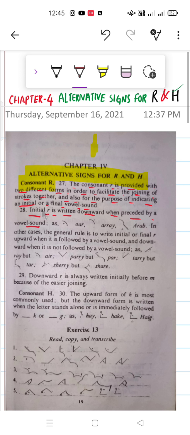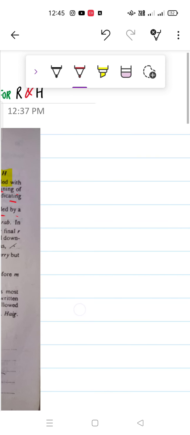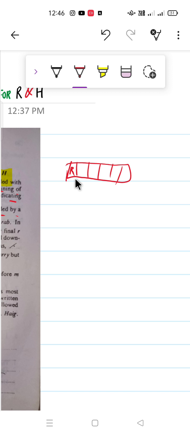Let me take one word here. In a word there will be different R's: initial R, middle R, final R. But the starting R, if it is preceded by a vowel, got it?